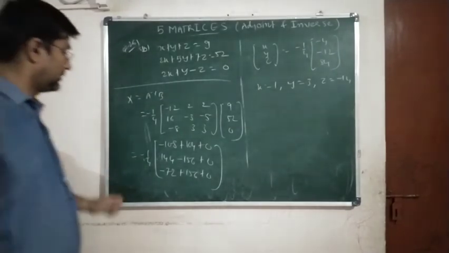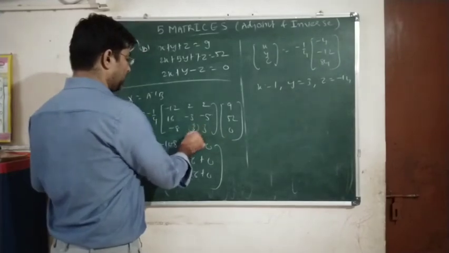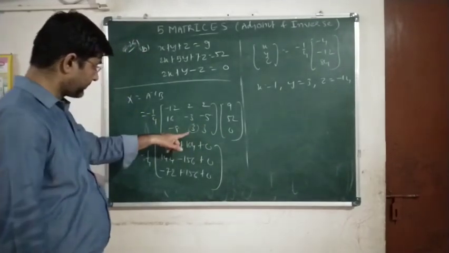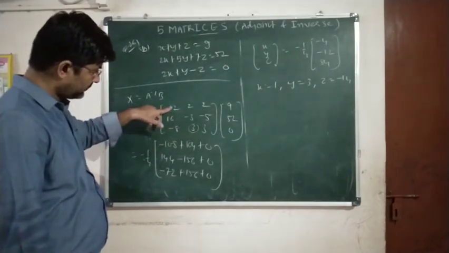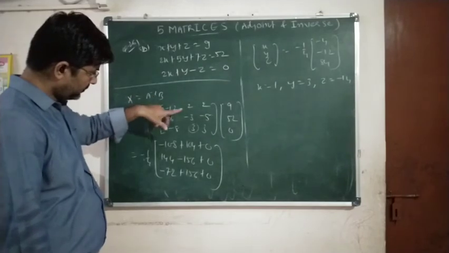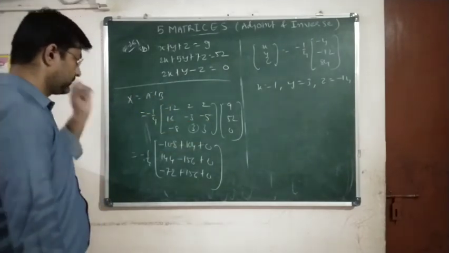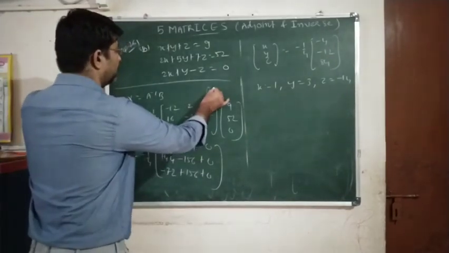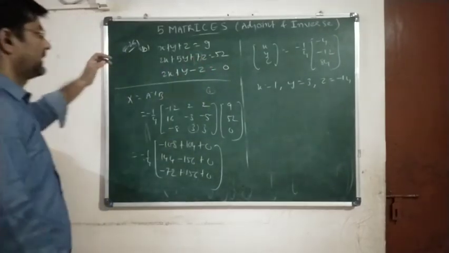Okay, so either there is a mistake with this 3. Now what is this 3? If we convert row into column, then third column 2, 3. Yes or no? Here we will come. So we have to check the cofactor of 7.